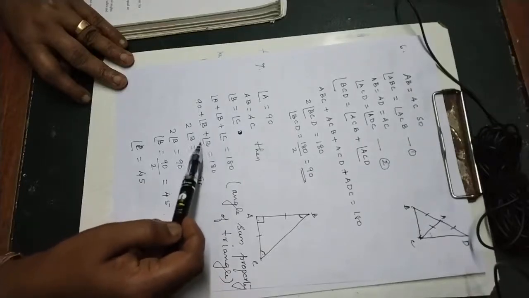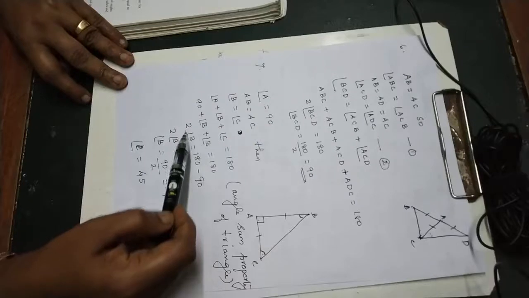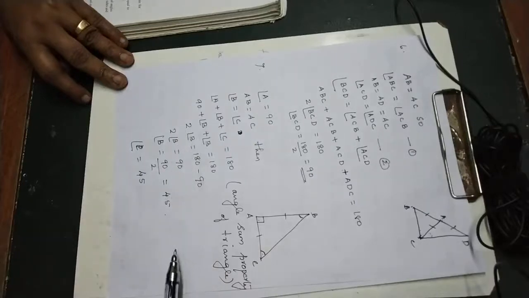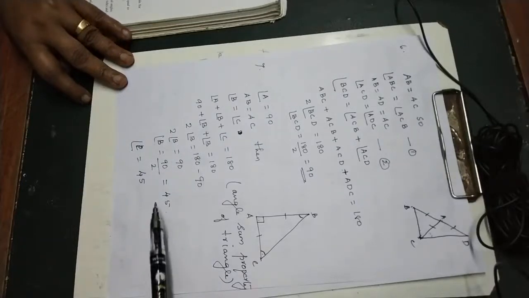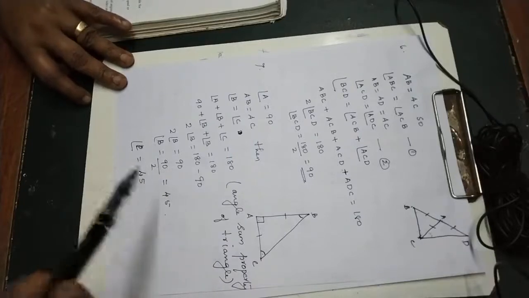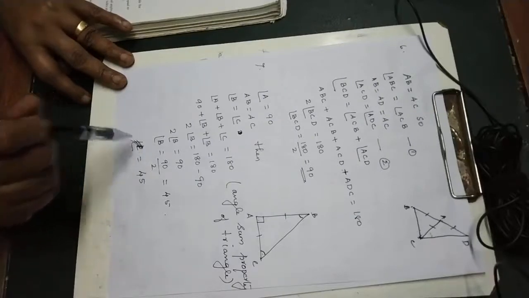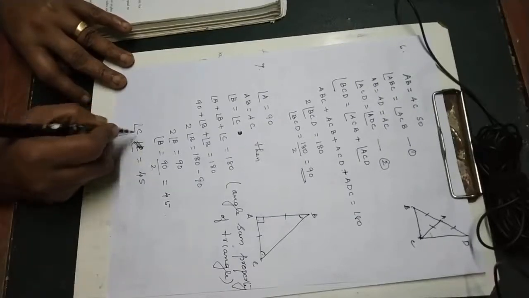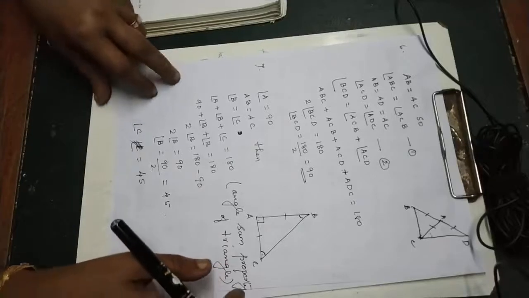Instead of C we wrote B there, that is 2 times angle B equal to 90 you will get, that is B equal to 45. B and C are equal, so C will be also 45. Let's write here angle C equal to 45.